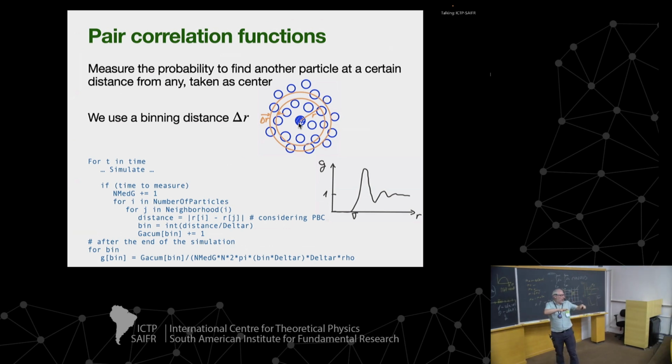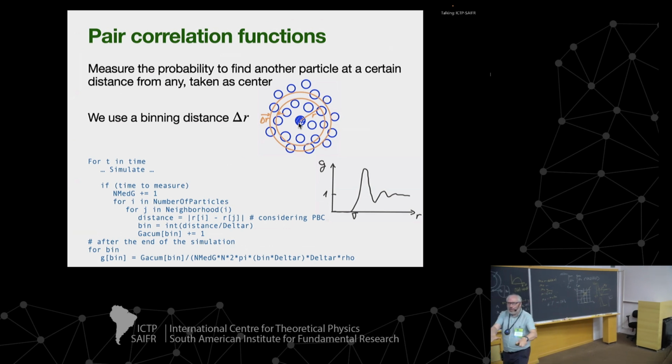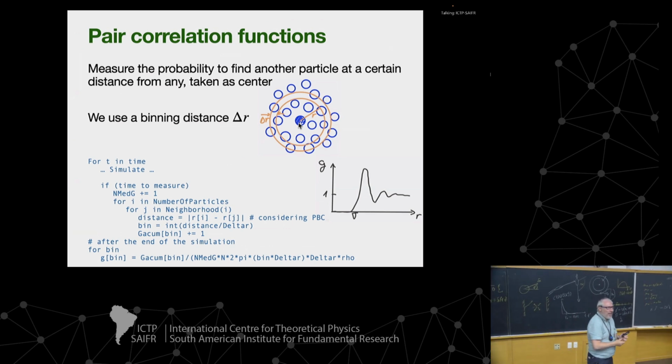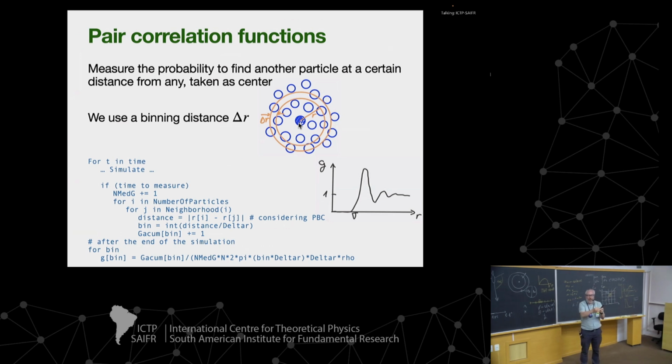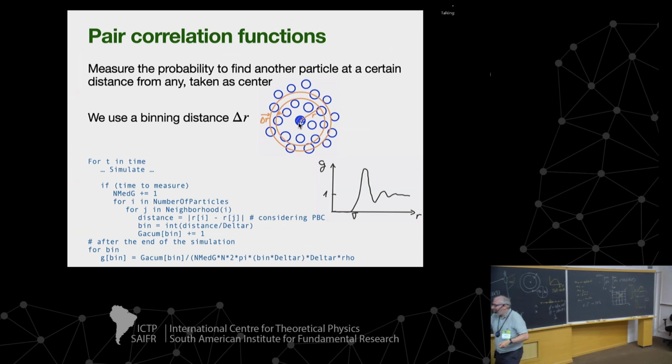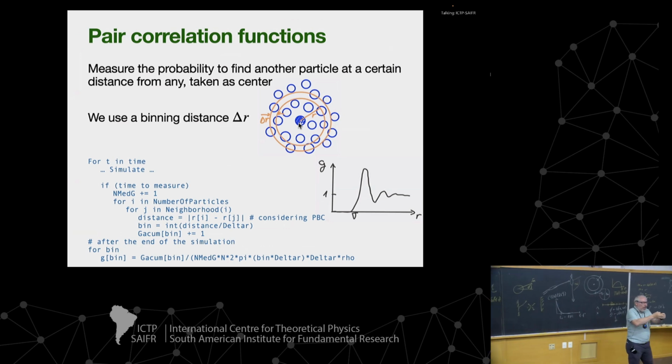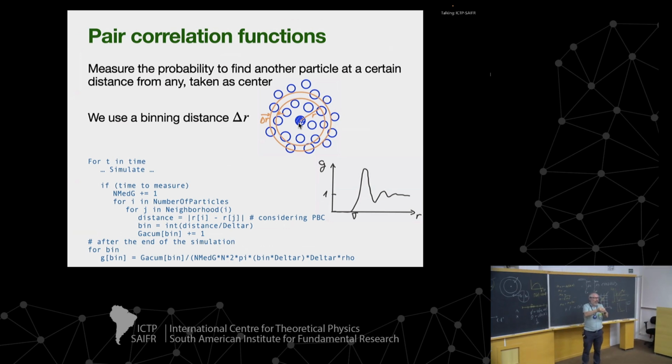You put several coins on your table, and you move them, and because coins have excluded volume, the probability to find two coins at a distance smaller than the diameter is 0, because they cannot overlap.